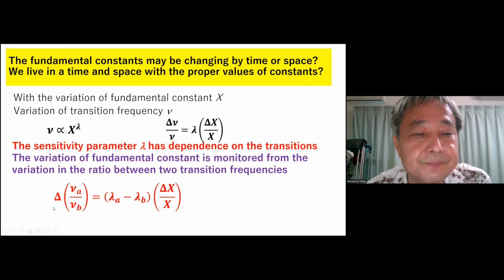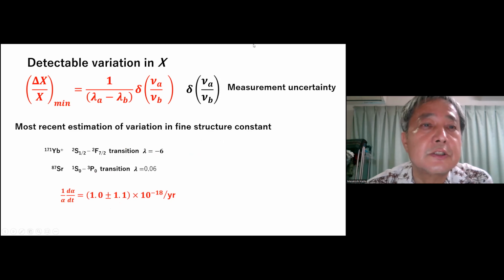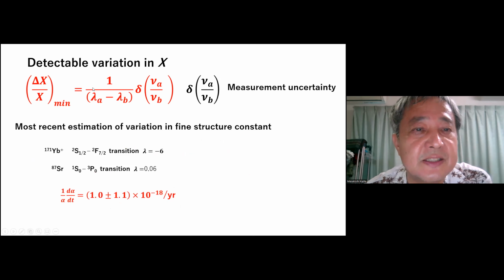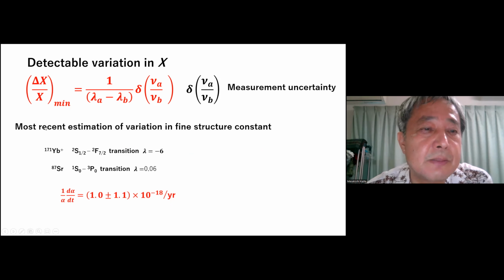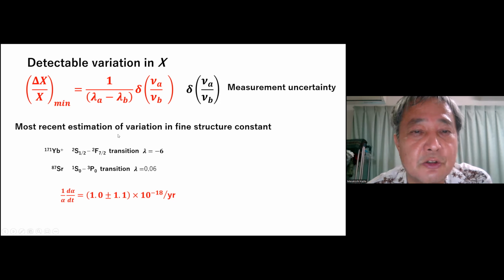But the variation in the frequency ratio must be larger than the measurement uncertainty. So the detectable variation in fundamental constants is limited by the measurement uncertainty. The most recent estimation of variation in the fine structure constant is very small, on the order of 10 to the minus 18th per year.